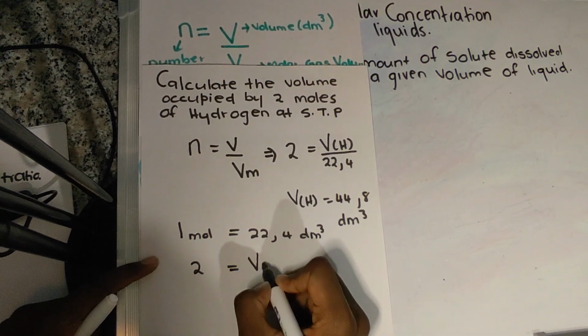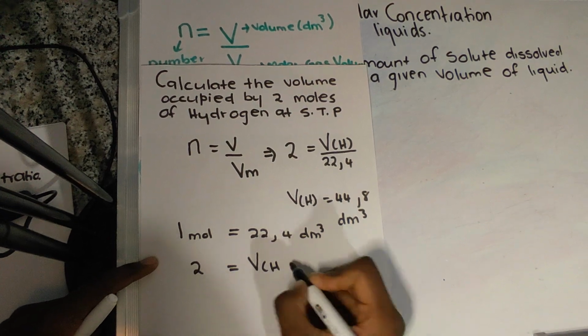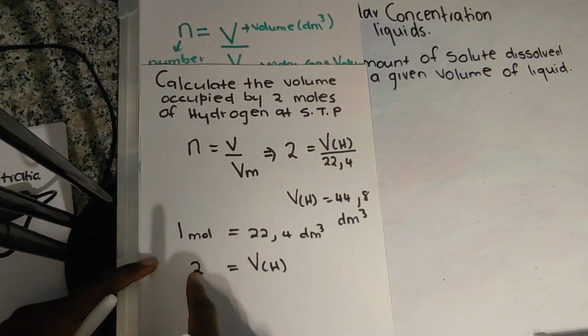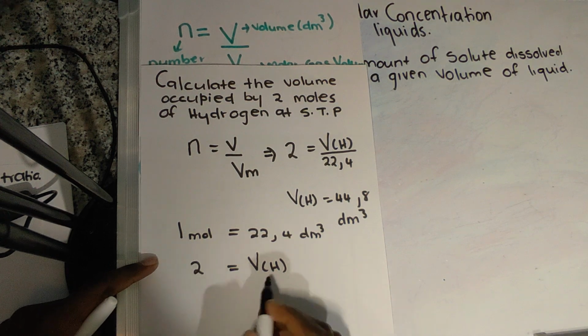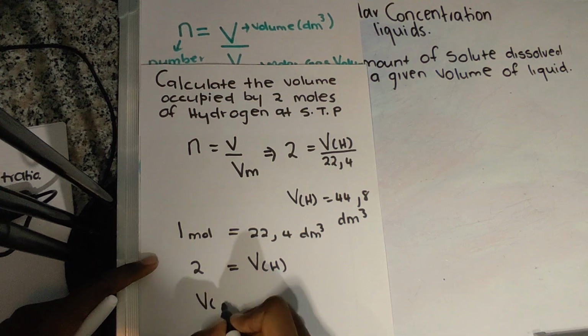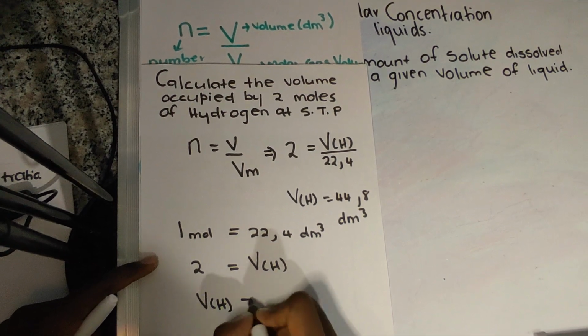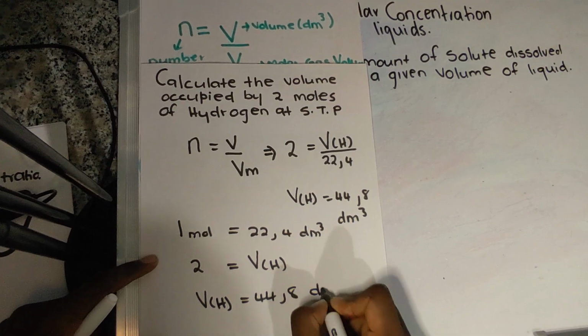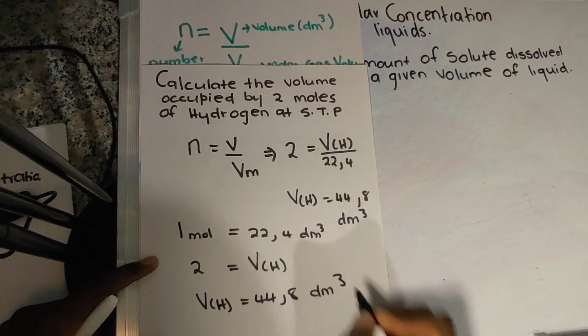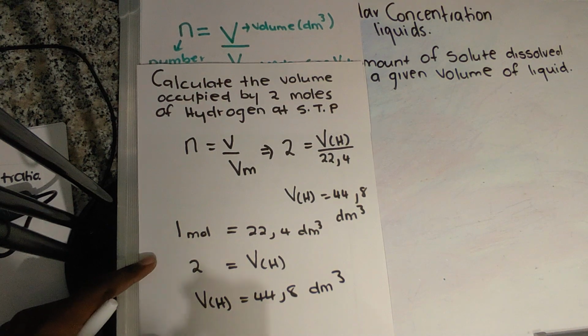We are looking for the volume, so I'm going to write it under this volume as well. If you cross multiply here, what does this become? 1 times the volume, we get the volume of hydrogen equals, again, 44.8 decimeter cubed. So that is how learners can perform this calculation.